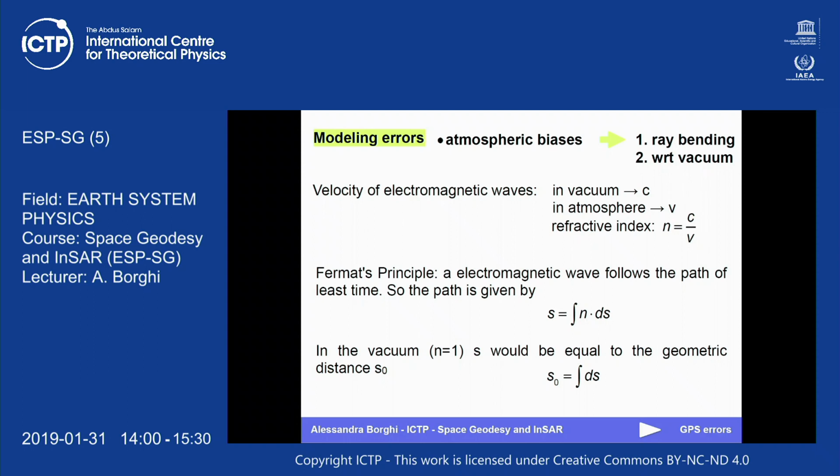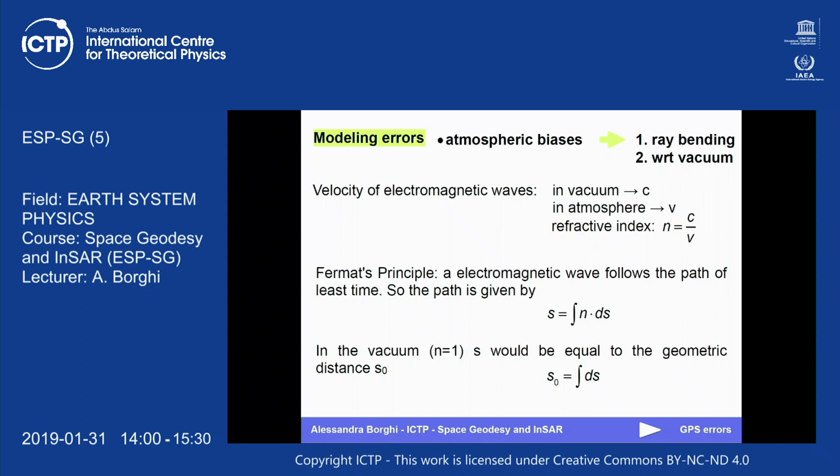Moreover, we know that by the Fermat principle, electromagnetic waves follow the shortest path in terms of time. So when we have to compute the distance between satellite and receiver, we integrate this expression.